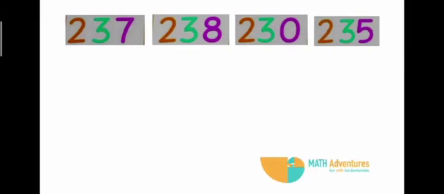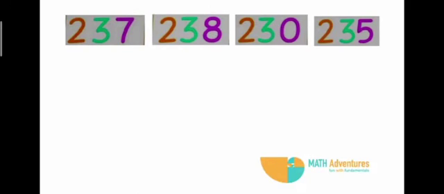In yesterday's class, we arranged these numbers in ascending order, that means from smallest to biggest. And what do we have to do today? We have to arrange the same numbers in descending order, that means from biggest to smallest. From biggest to smallest, मतलब बड़े से छोटा.